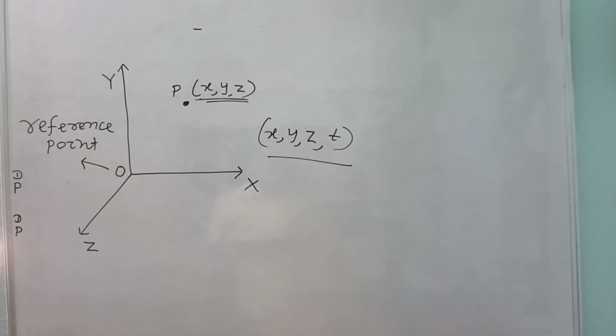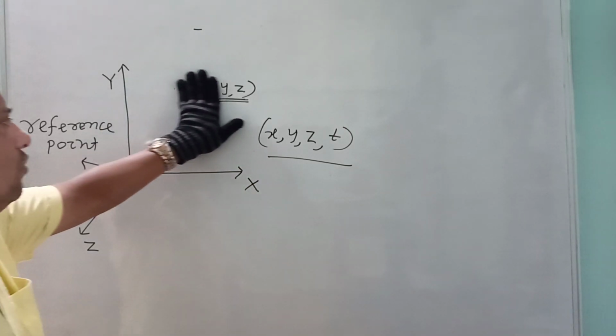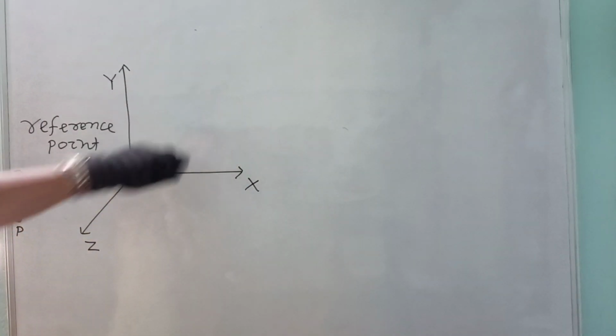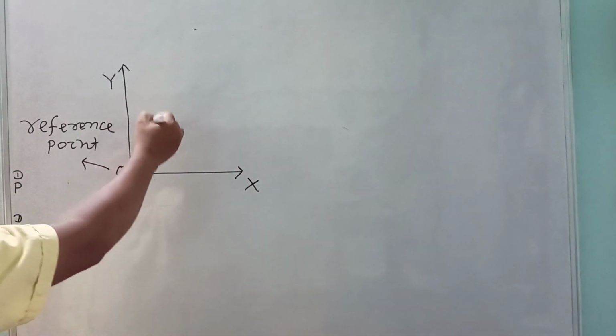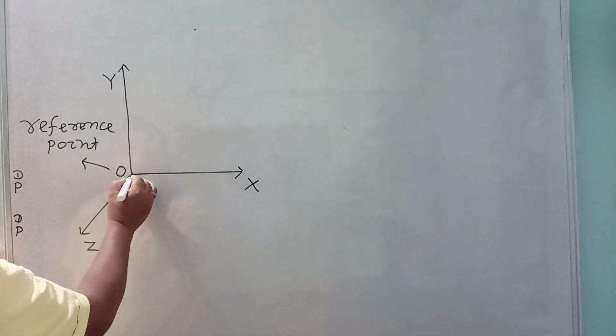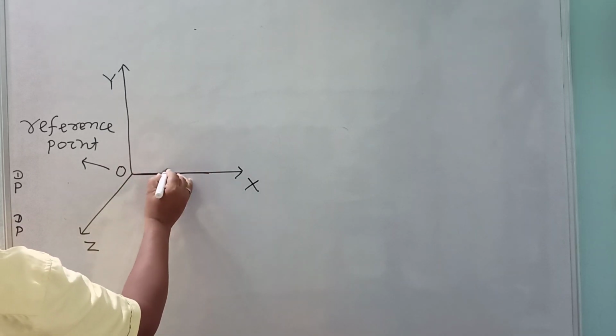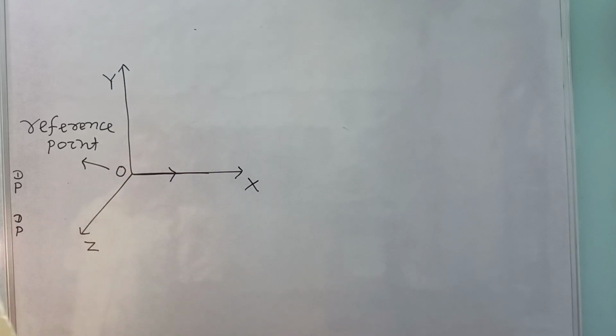Students, suppose you consider one coordinate. Suppose one say a body moves along x axis, or object moves along x axis or y axis or z axis.